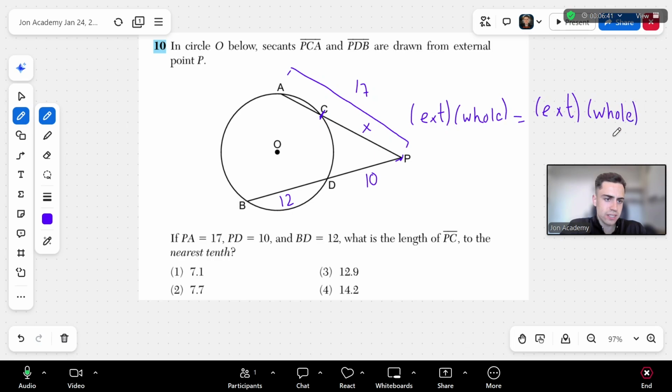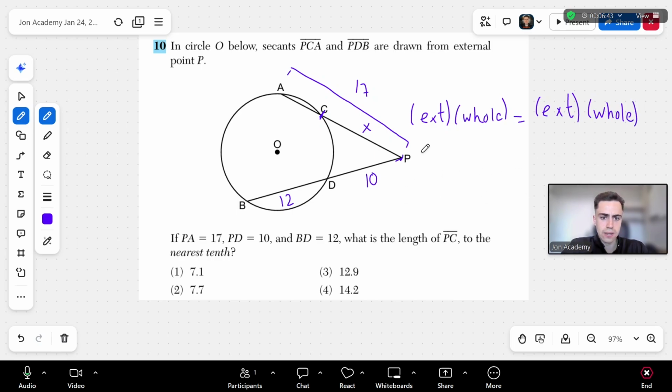And this means here that the external on the top one is X. The whole is 17. The external in the lower one is 10. And the whole thing here is going to be 22, the sum of both.